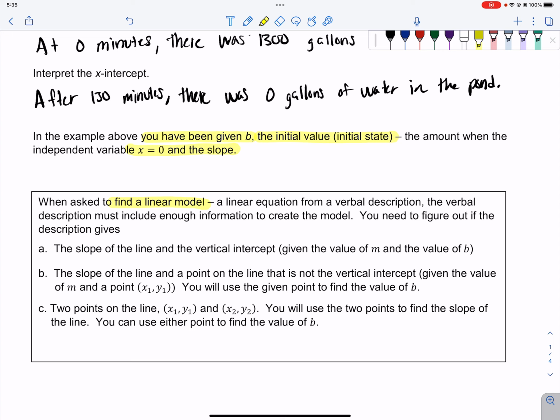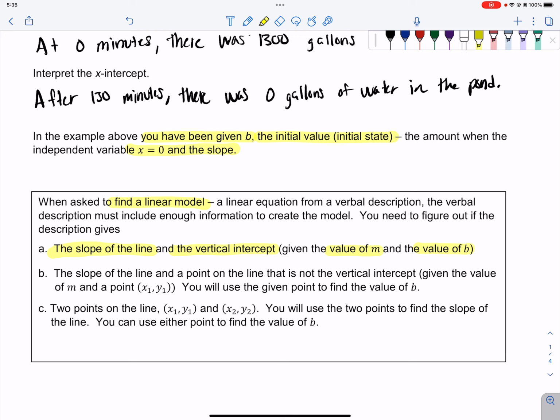There are 3 different types of setups that you might have when wanting to write the equation. The first one is what we just did, where you're given the slope and the vertical intercept, the y-intercept. That's just directly m and b, and you can write your equation.